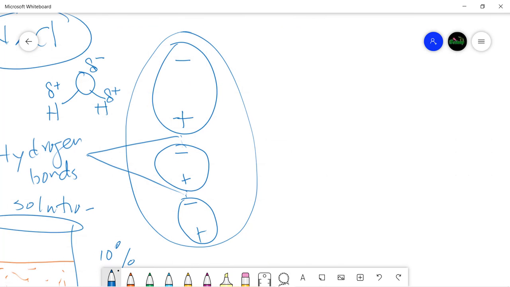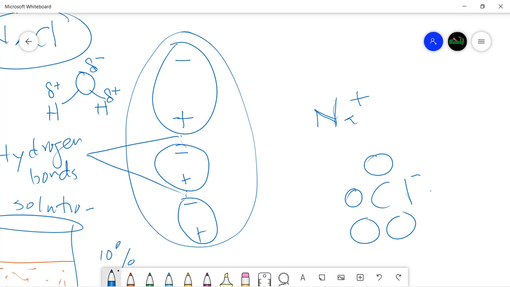Let's assume that an NaCl molecule is added into the water, it ionizes, and we get a sodium ion and a chloride ion. So in this case, all the chloride ions are surrounded on all sides by, say, 5 molecules of water. And similarly, around sodium, we have 5 molecules of water. So the negative end of the water molecule is attracted toward the positive sodium ion, or the cation.